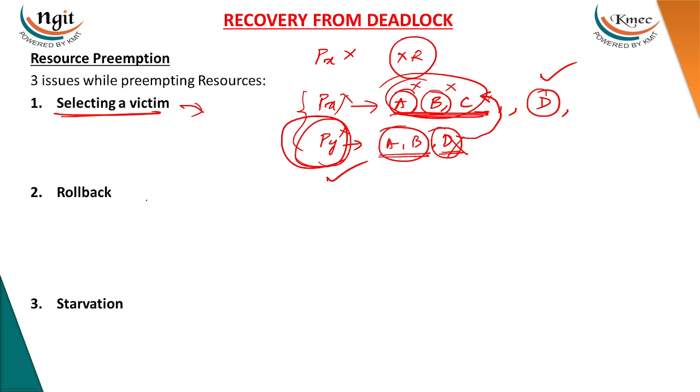One more operation that you need to do is rollback. The one more issue that we need to deal with when preempting resources is rollback. Suppose there is a process py, and we are preempting the resource d. Once you preempt the resource, you cannot continue with that particular execution.